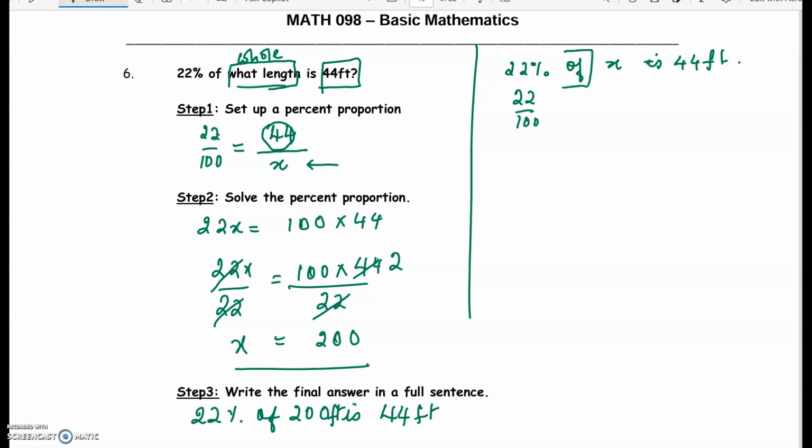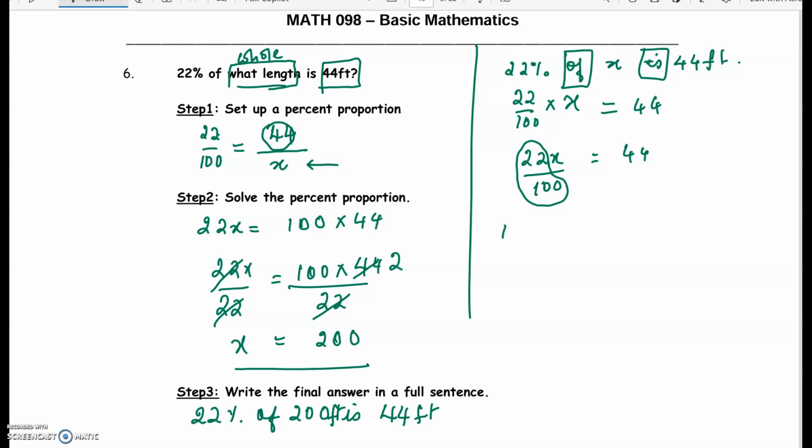Now let's see how a percent equation can be set up. 22% times the reference quantity, a percent of the whole, or it's the base or reference quantity, is 44. So now 22 over 100 x is equal to 44. Now the number that we need to get rid of on the left is 22 over 100.